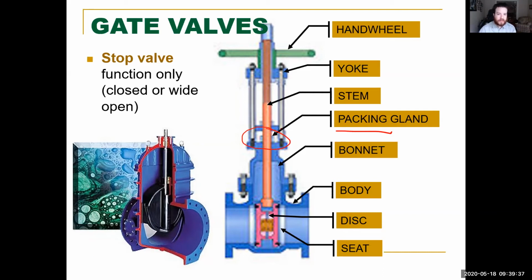The packing gland in and of itself is just an area where the whole stem is sealed. Because if this gate valve is open, there's all this fluid in here, and the fluid will come up and go in between the stem and the bonnet, and it will leak out.